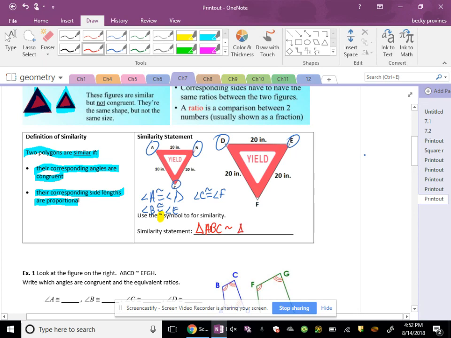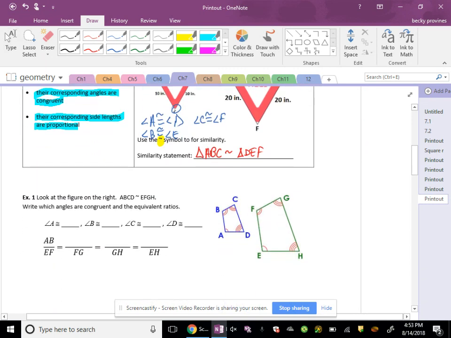And then for the second triangle, I have to match up locations. I have to use corresponding angles. So what corresponds with A? We just practiced this. A corresponded with D. B, if you remember, corresponded with E, and C with F. So that's a similarity statement.